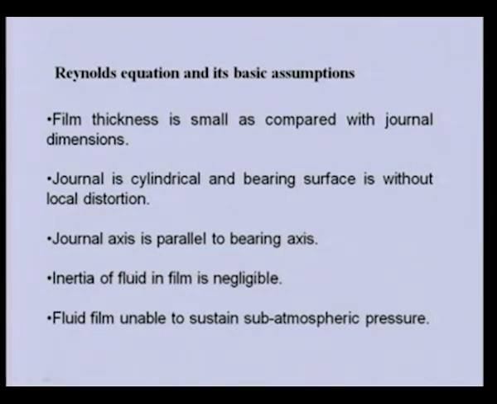So this is another important assumption which we make: inertia of the fluid we neglect. The fluid film is unable to sustain subatmospheric pressure. So wherever negative pressure is there, cavitation may take place, so we are not considering that cavitation aspect here.